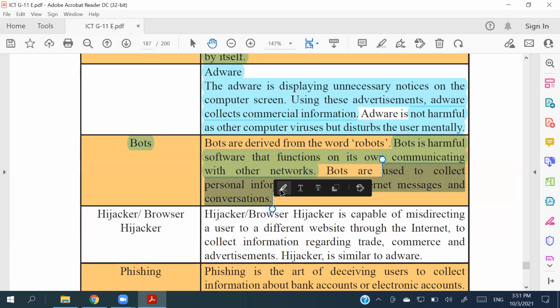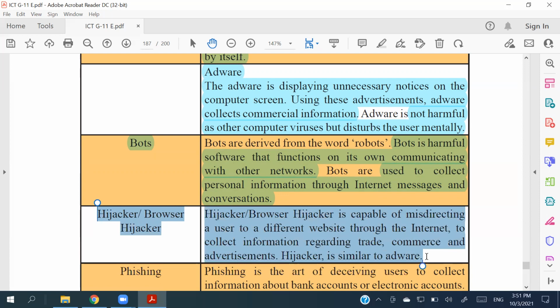Yeah, and this part as well. Hijackers, browser hijackers. Yeah, actually for the hijackers and browser hijackers, you have to go with the entire thing.